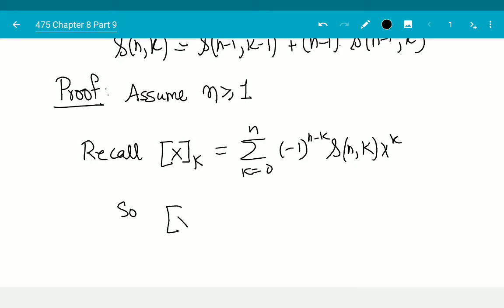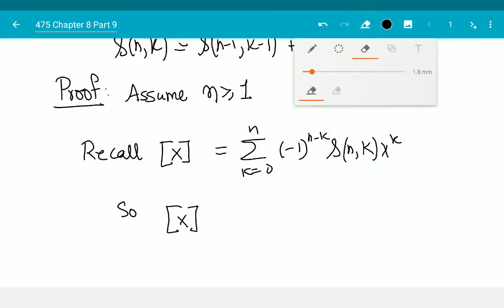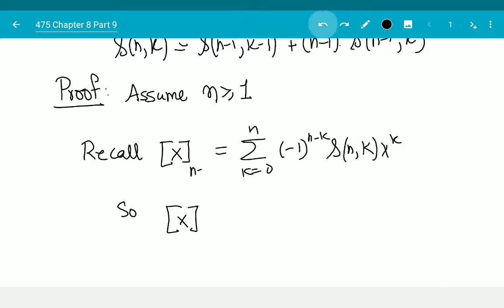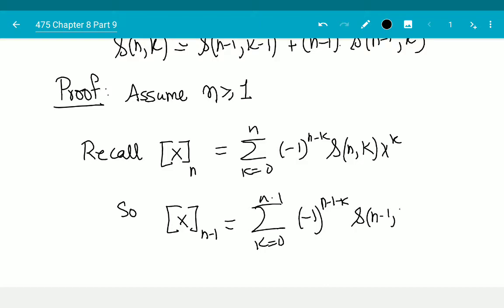So x_{n minus 1} is equal to summation k equal to 0 to n minus 1 of negative 1 to the n minus 1 minus k, small s of n minus 1 comma k, x to the k.